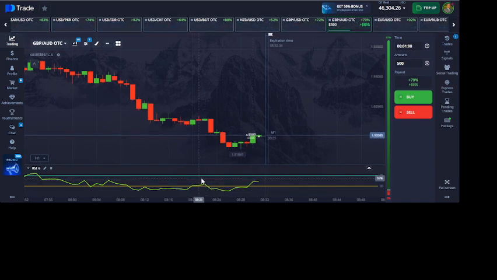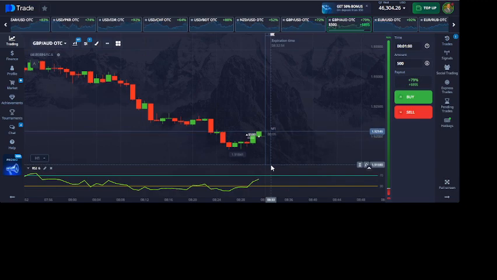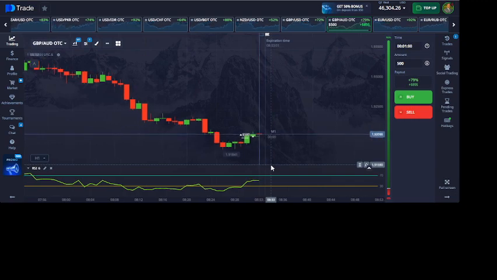So the idea is that the RSI line has to fall below and then come back above that 30 line. So let's monitor this trade and wait for the expiration. Great. So we won that trade.